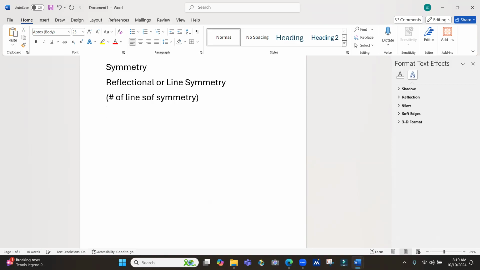It's called rotational or point symmetry, because you're rotating. And point symmetry or rotational symmetry is associated with the angle of rotation.